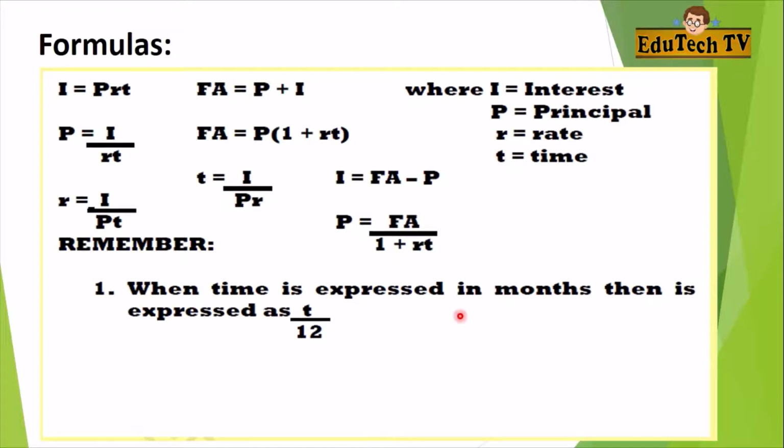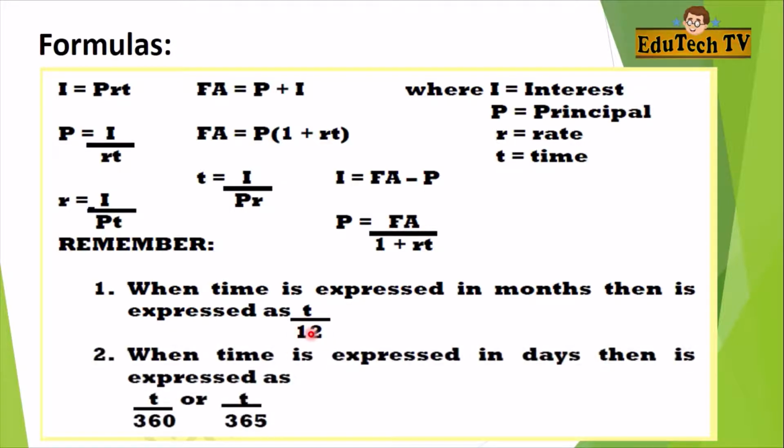So when our time is expressed in months, you just have to express it as T all over 12 because there are 12 months in a year. Now, when time is expressed in days, then it is expressed as T all over 360 or T all over 365. But we are going to use 360 in our course.